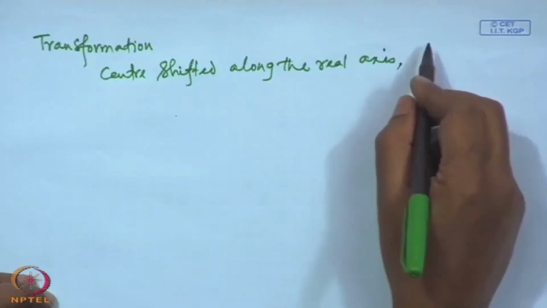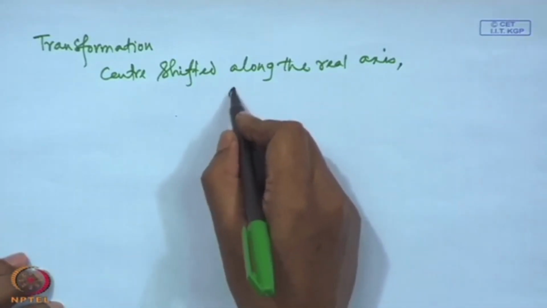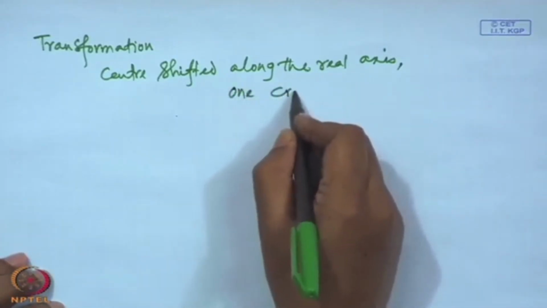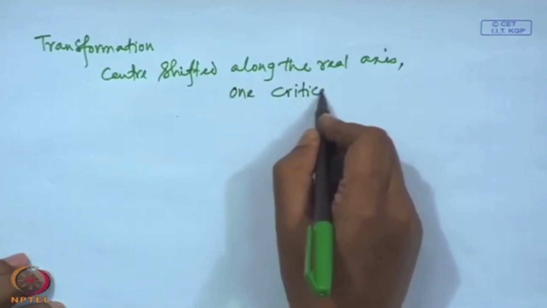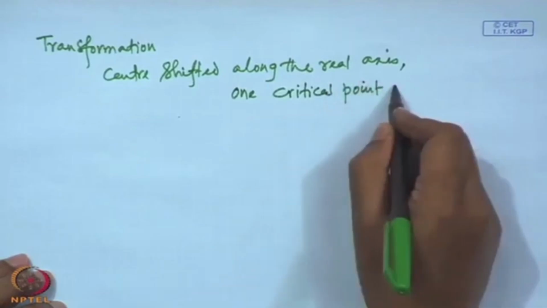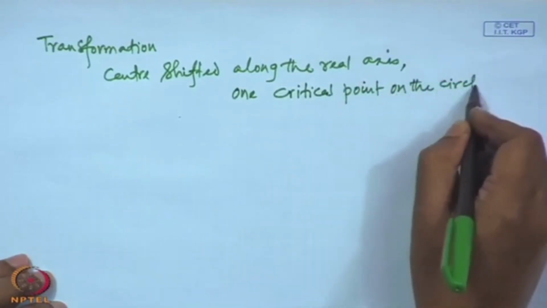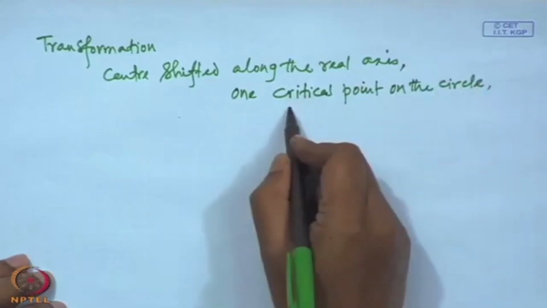And we keep one critical point, we take care so that one critical point is on the circle, the other inside the circle.